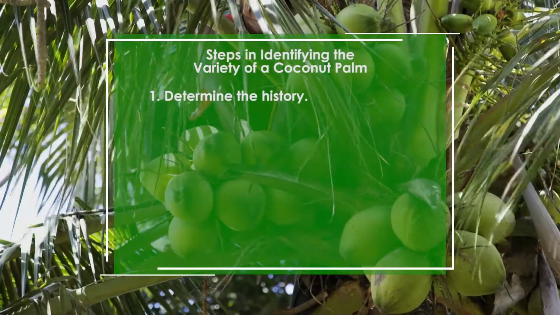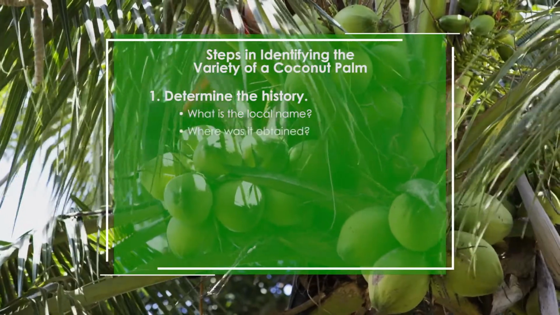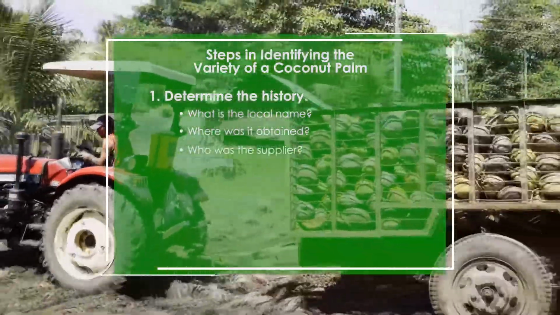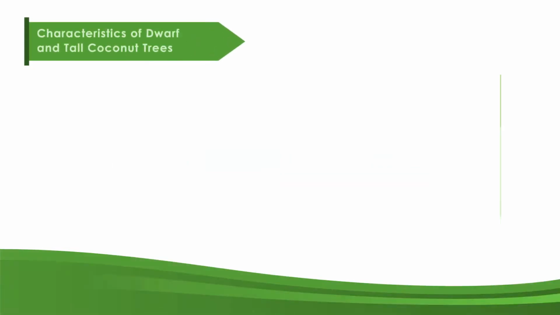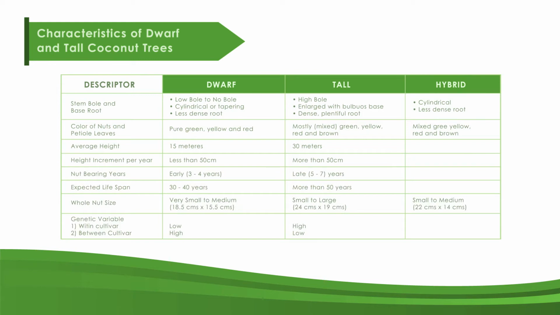Steps in identifying the variety of a coconut palm. Determine the history. What is the local name? Where was it obtained? Who was the supplier? Inspect the coconut and use the table on the screen as a guide to determine whether tall, dwarf, or hybrid.